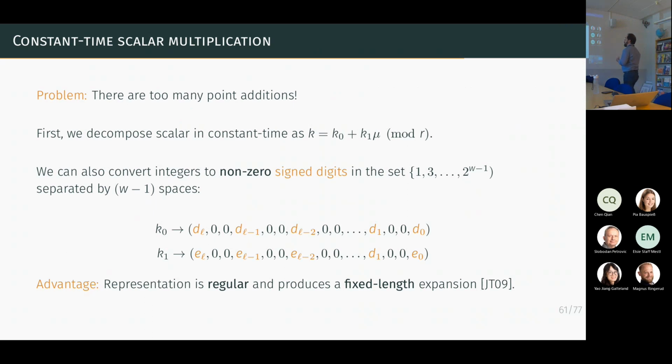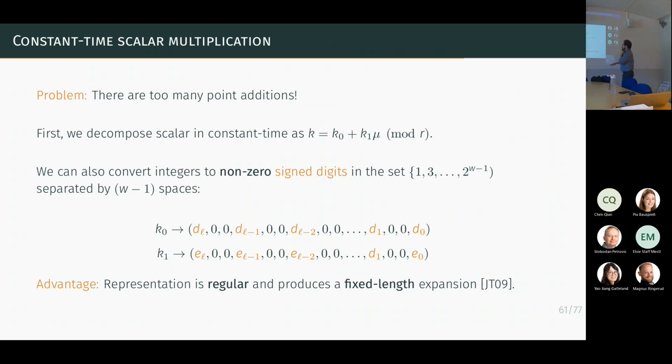Now we're assuming that, again, we have the endomorphism that allows us to write k as two subscalars k0 and k1, which we will multiply together using one algorithm. So now we're recoding k0 and k1 in a way that makes the point addition iterations deterministic.